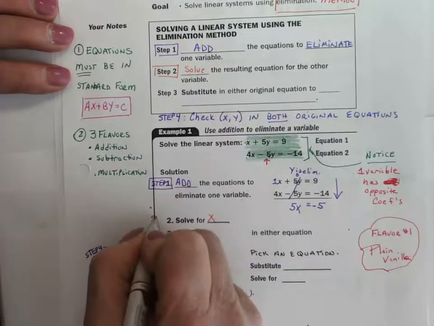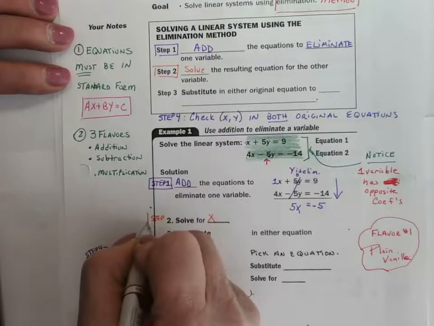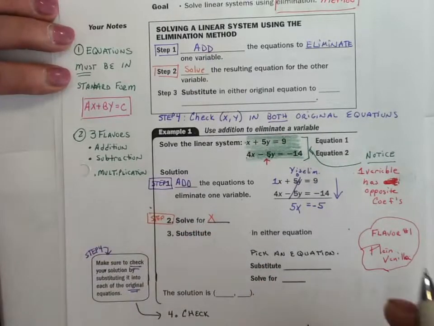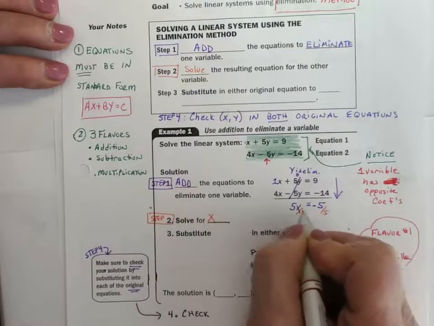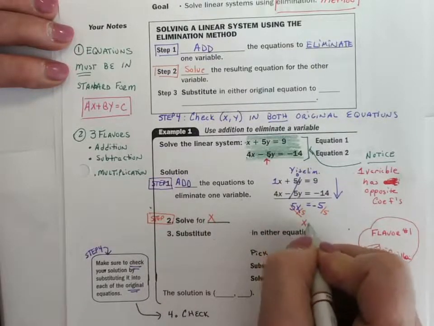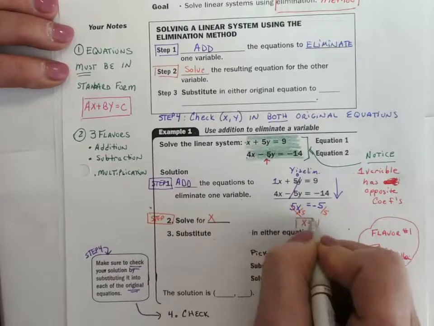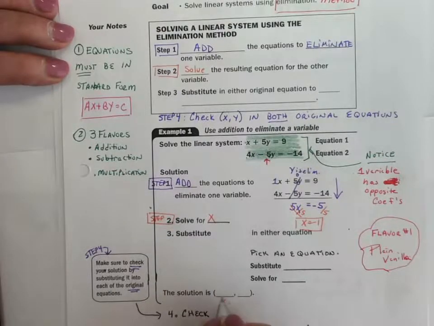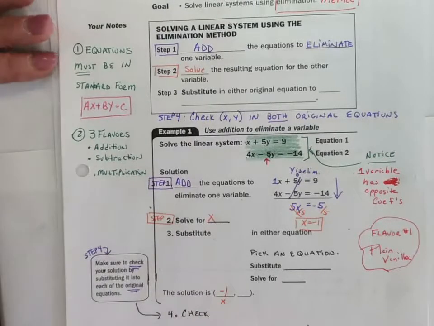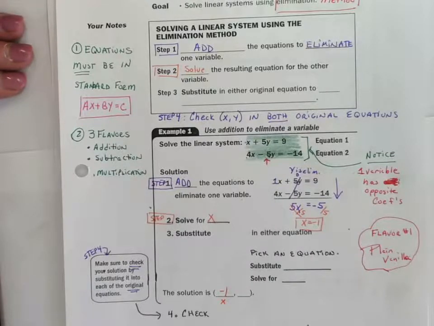That's step 2. We simply divide both sides by 5, and we get x equals negative 1. So our x-coordinate is negative 1. That was pretty easy, wasn't it?